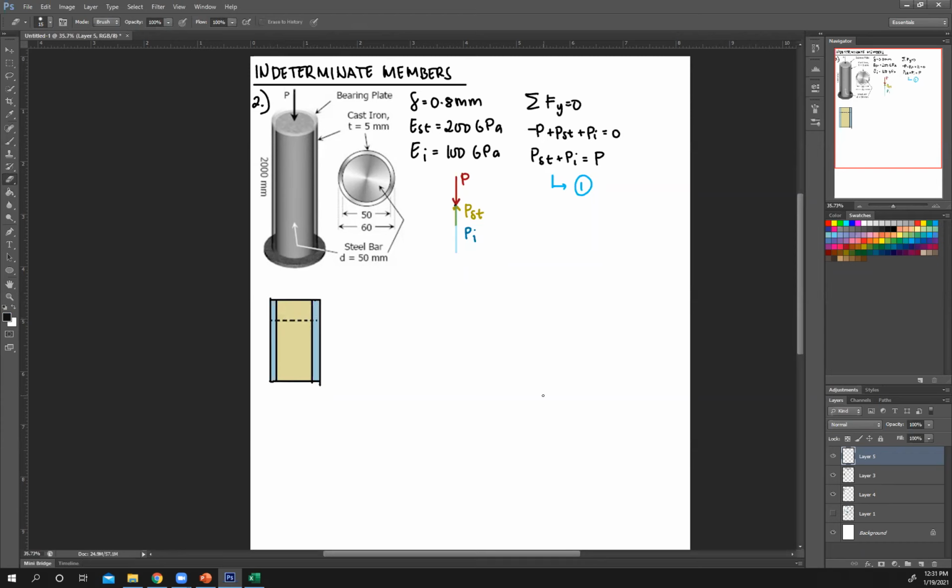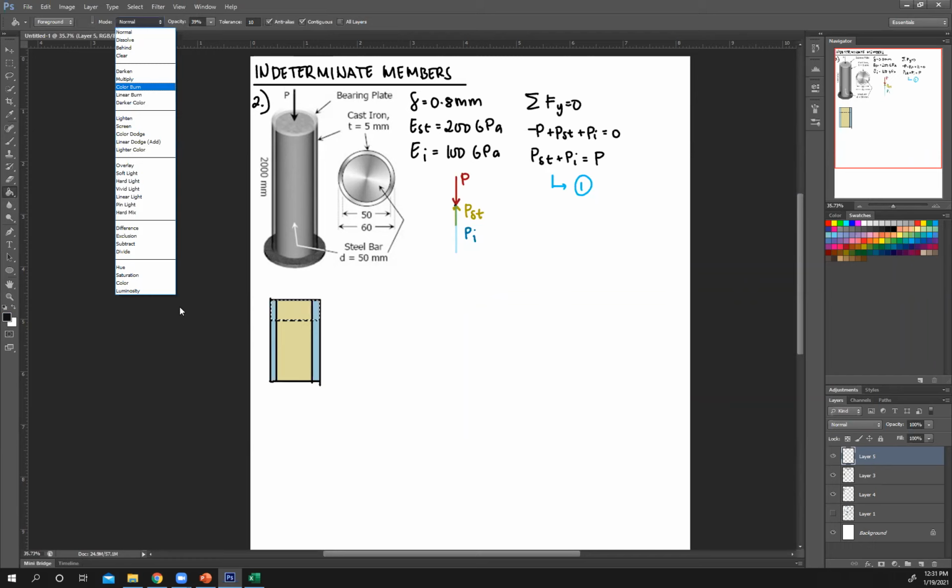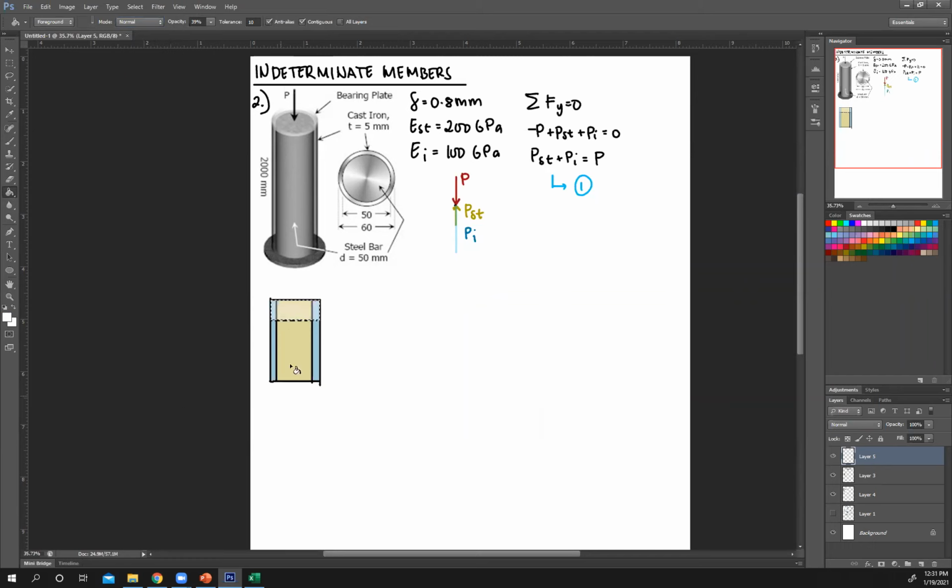So now you have a deformation of your steel bar, it's going to deform by this much. And at the same time, your iron bar is deforming as well. So based on this drawing, once again, deformation of steel equals deformation of iron.